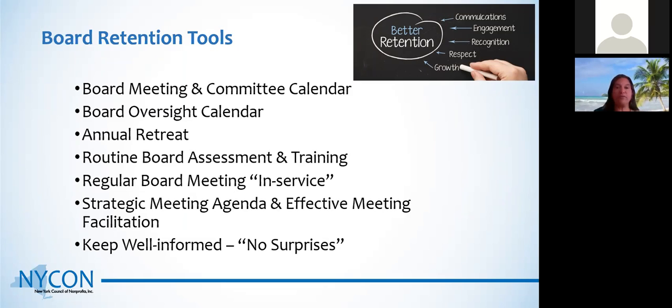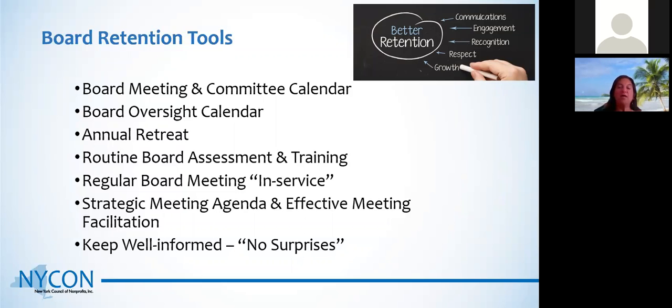Have regular board assessment and training in terms of the skills and knowledge that people are looking for, how to improve, how to be engaged. This is really important around fundraising. It's the area where most board members are uncomfortable. They don't really want to do it. They don't like it, and they want more training, which the organization has the responsibility to provide.